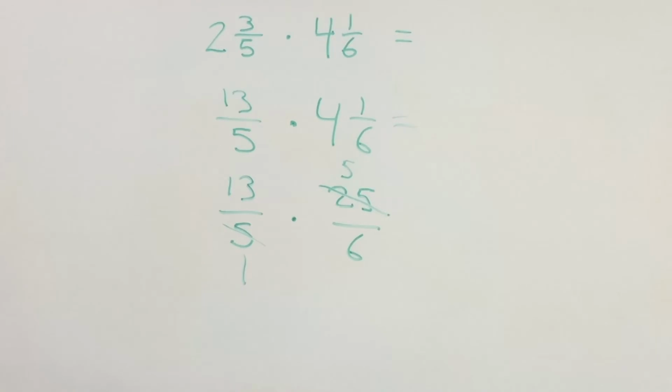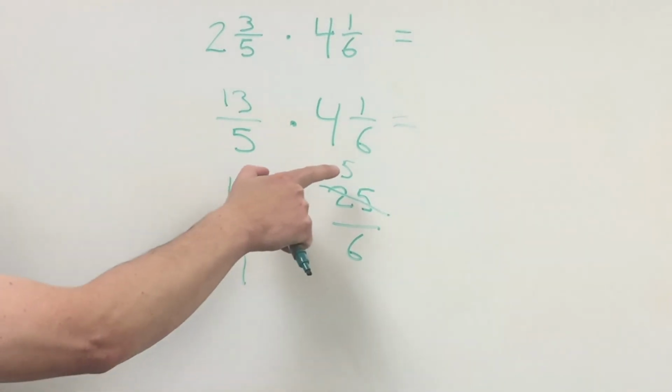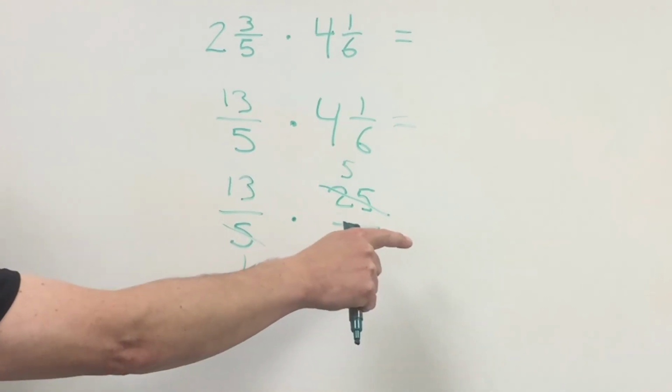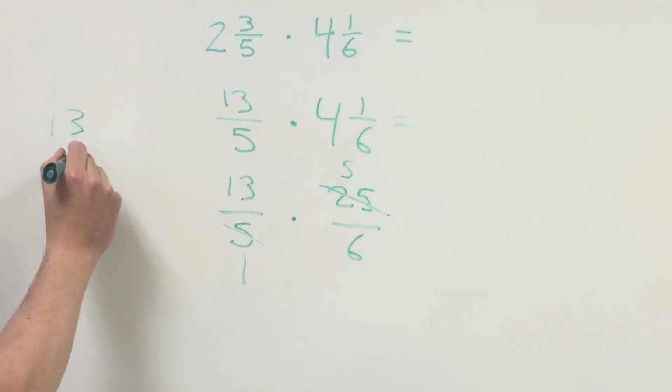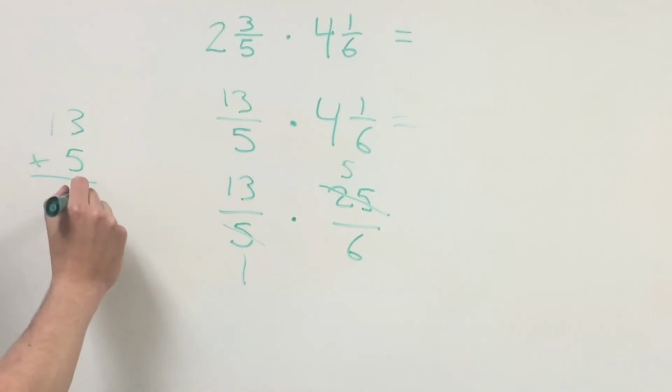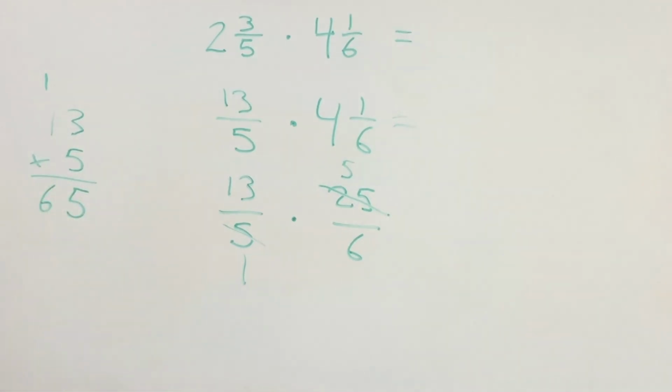So now we've made things a little easier. We need to multiply 13 times 5 and 1 times 6. Well, 13 times 5 is 65.